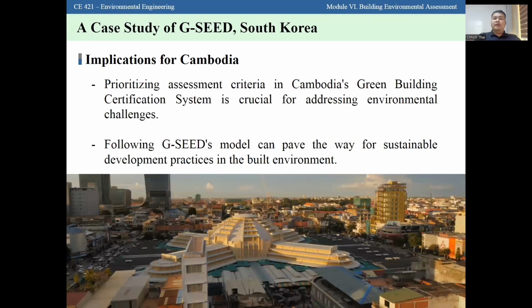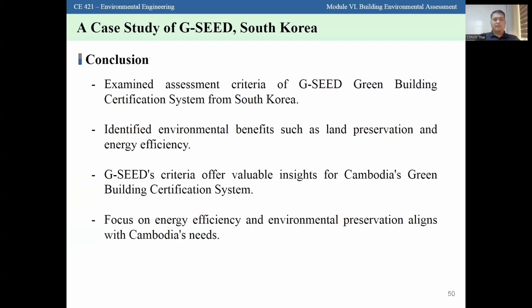Prioritizing assessment criteria in Cambodia's green building certification system is crucial for addressing the environmental and energy challenges in Cambodia, by using the GC model to establish sustainable development practice in the construction sector in Cambodia.